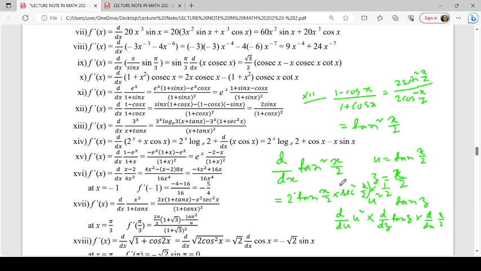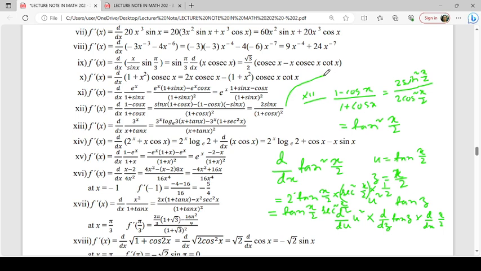Here we write this in brackets, because otherwise we will write x by 4. So ultimately 2 goes, and it is tan x by 2 into sec square x by 2. If we simplify this one, we will have the same value.